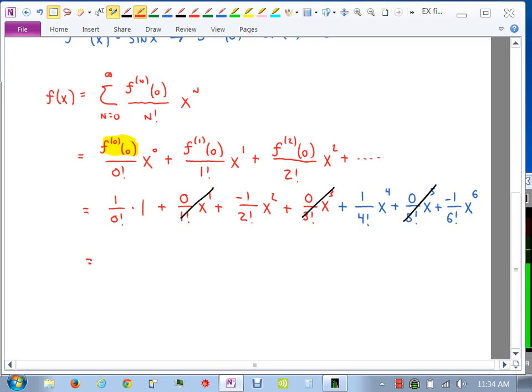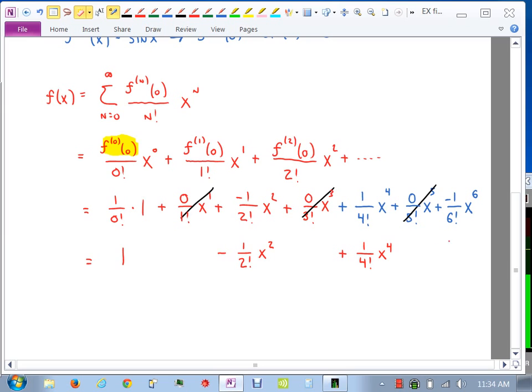And so we get 1 plus, well, actually, we're going to write minus 1 over 2 factorial, even though 2 factorial is 2. I'm going to leave it. Then we have plus 1 over 4 factorial, x to the 4th. What would the next one be?